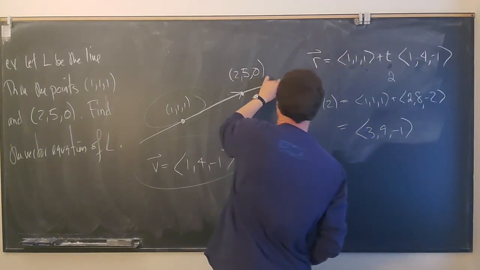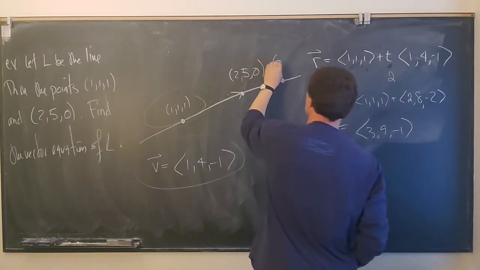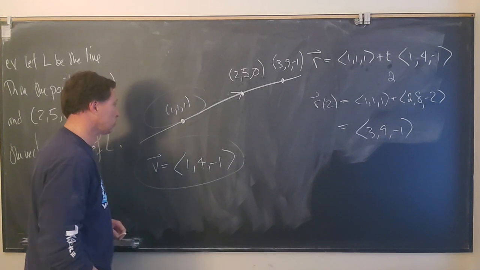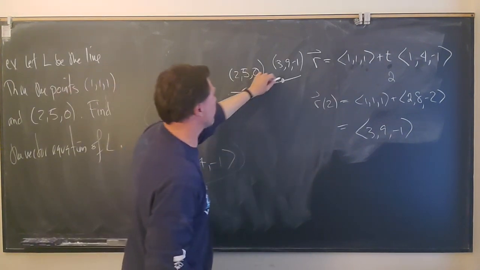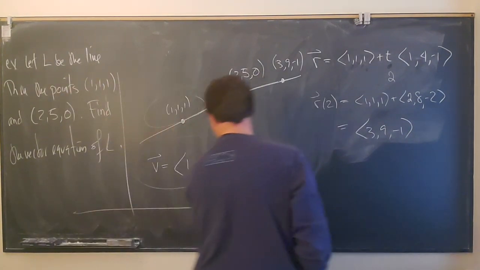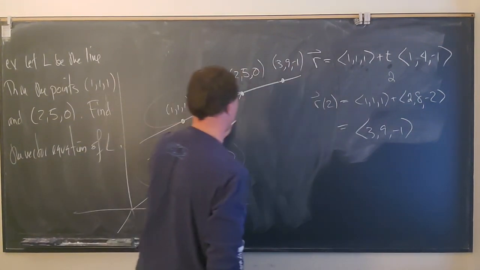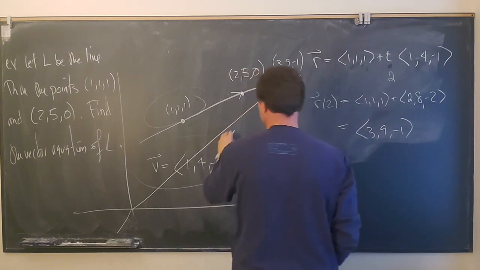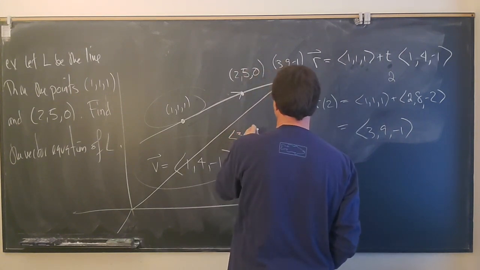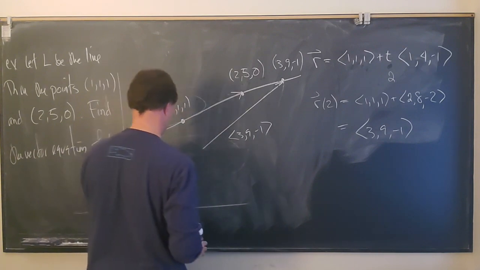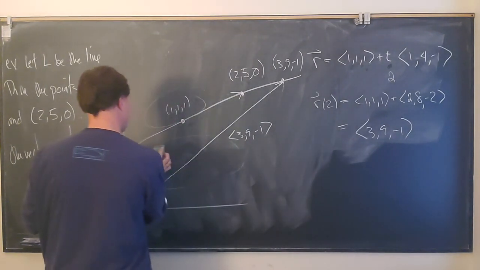And so that tells me that the point (3, 9, -1) also lies on the line. The vector form is just saying that in R3, there's the position vector right there, the vector <3, 9, -1>. All right, so there's the idea.